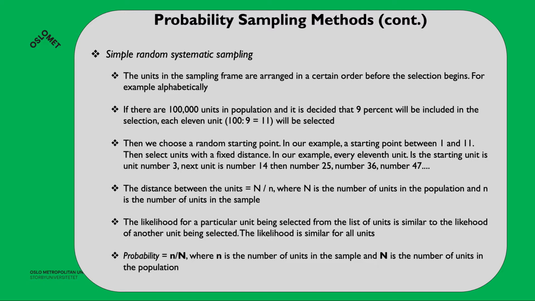And the likelihood of a particular unit being selected from the list of units is similar to the likelihood of another unit being selected. So the likelihood is similar for all units. And the probability is, as with simple random sampling, small n over large N, where large N is the number of all units in the population and small n is the number of units in the sample.